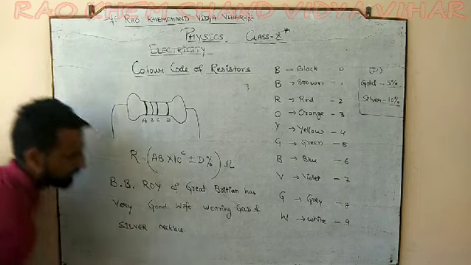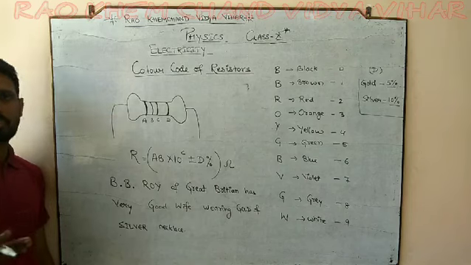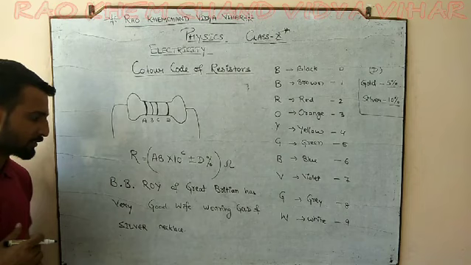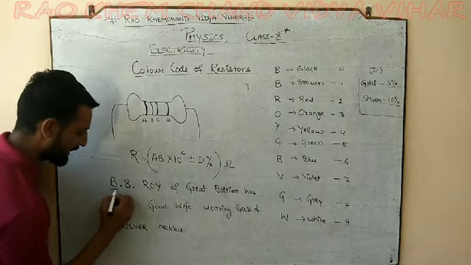So there is one statement that we can make, or we always used to remember the color code serial number, that is B.B. Roy of Great Britain has very good wife wearing gold and silver.